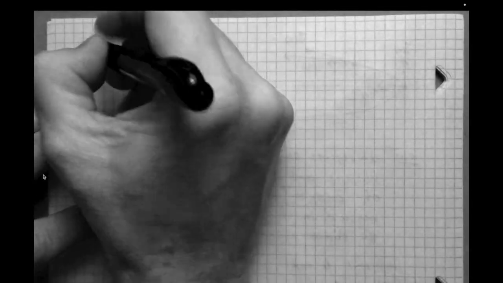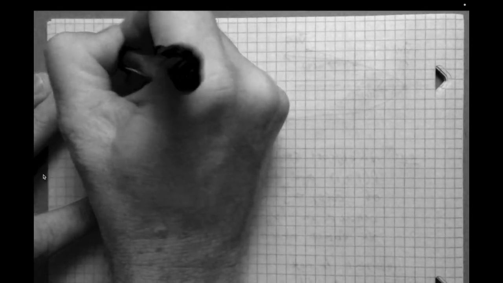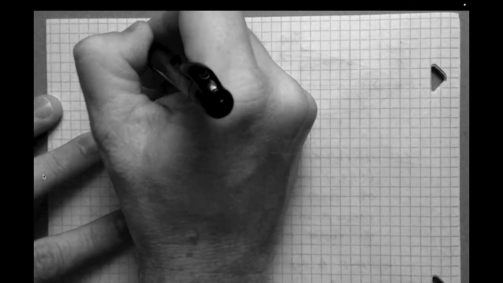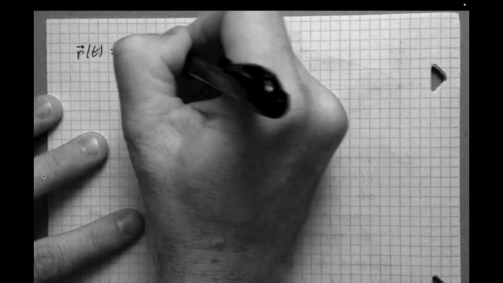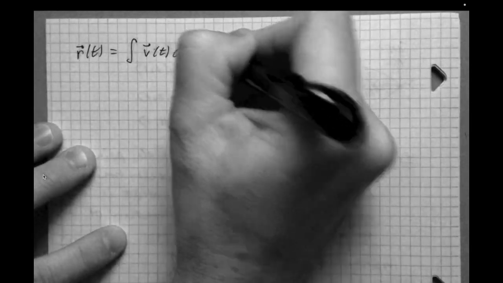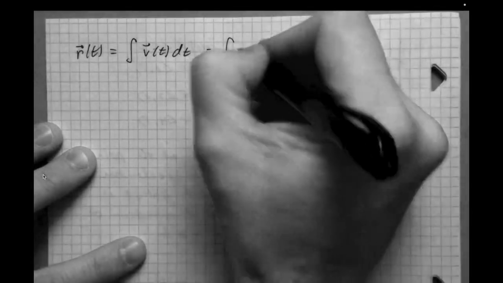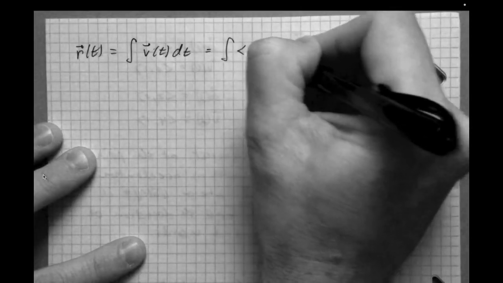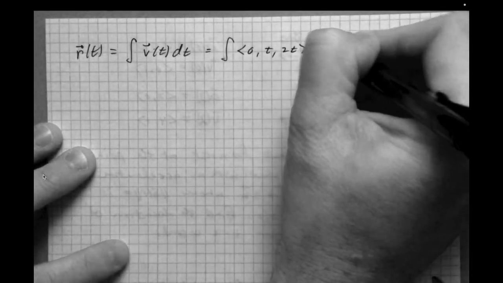So r of t, the position function, is going to be equal to the integral of velocity, which is what we just saw. It's going to be 0, comma t, comma 2t dt.